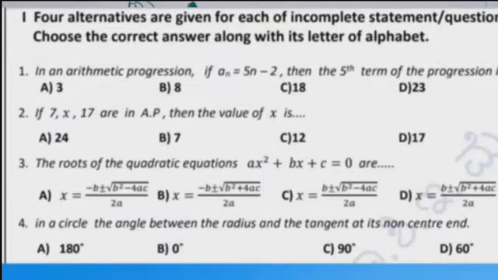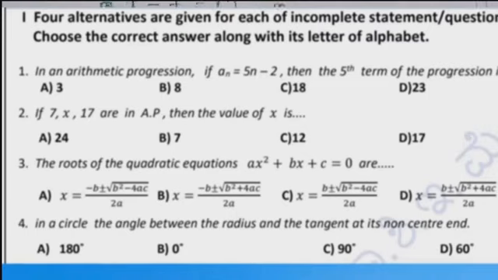The roots of the quadratic equation ax square plus bx plus c equals 0, children. Simple question. Write the quadratic formula, that is the root for the quadratic equation ax square plus bx plus c equals 0.